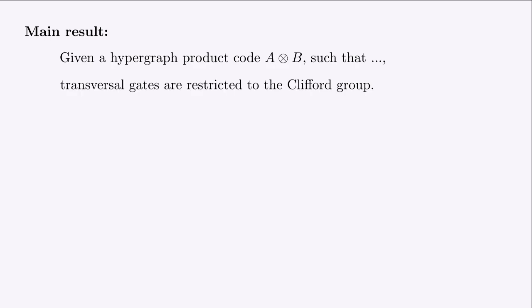The main theorem of the paper goes like this. We're given a hypergraph product code, and I'm going to notate this as A tensor B, which I'll explain in a little while, such that some more fine print over here, which I may or may not explain, then transversal gates are restricted to the Clifford group. The ingredients come from an argument by Bravyi and König.